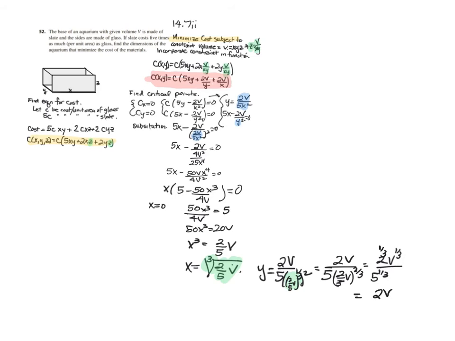So 2v over 5 to the 1/3. So that's our critical point. X equals 2/5 v to the 1/3, and actually so does y.